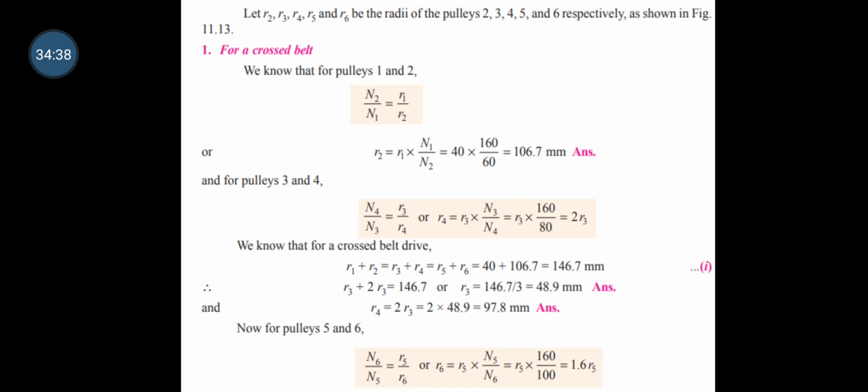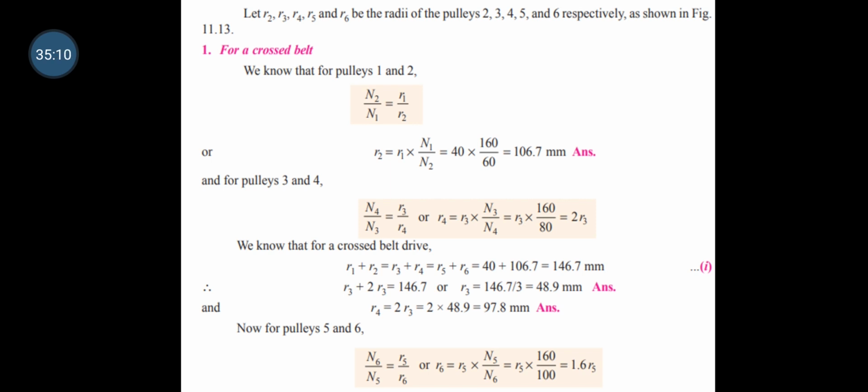We know that for the cross belt drive R1 plus R2 is equal to R3 plus R4, that is equal to R5 plus R6, that is 146.7 mm. Substituting these values, that is N4 divided by N3 is equal to R3 into 160 divided by 80, that gives 2 R3.